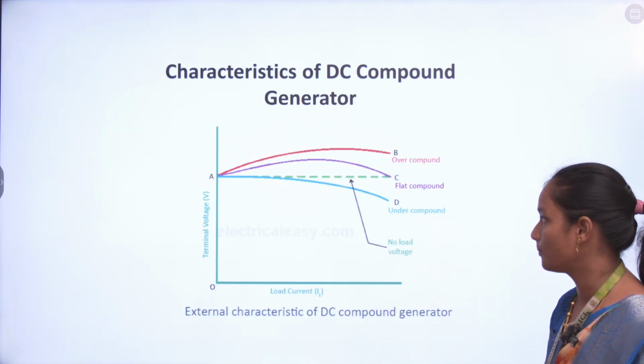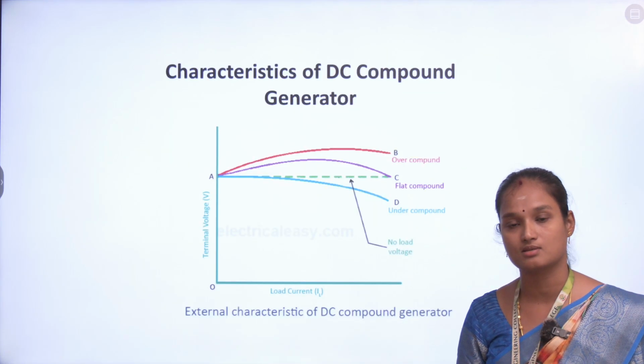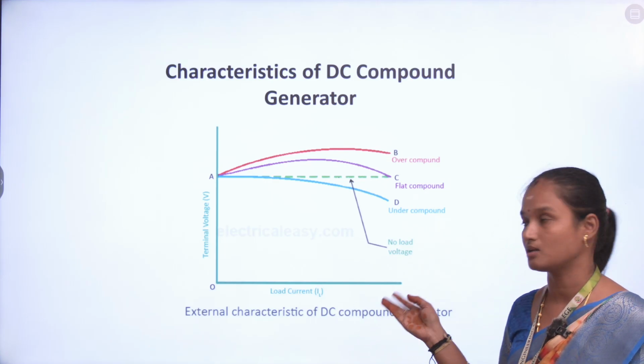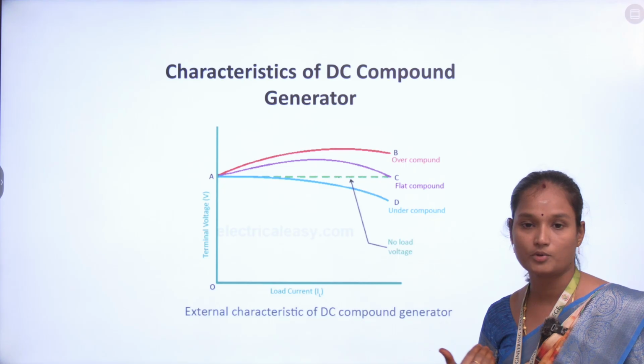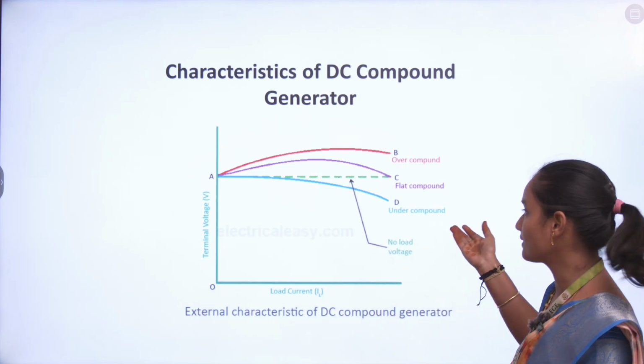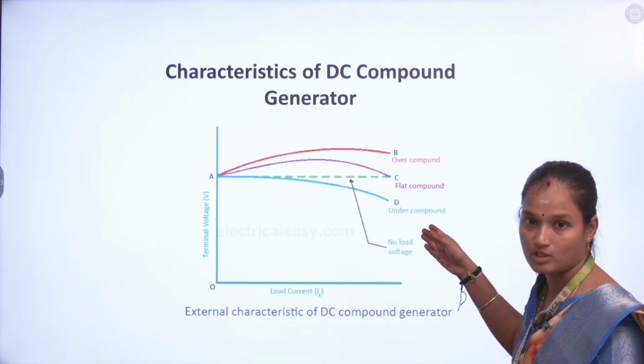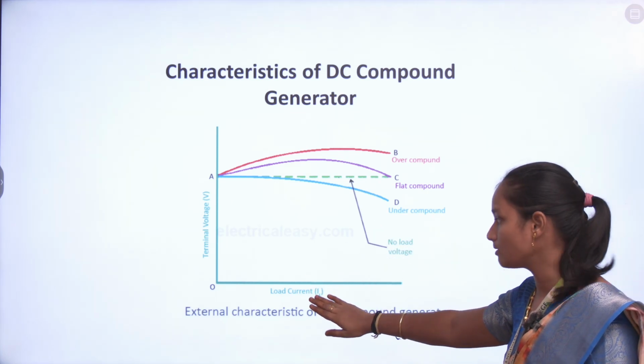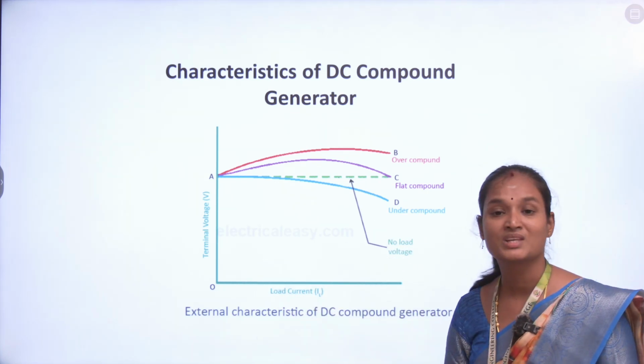So this is called a compound generator. A compound generator is nothing but the combination of both shunt and series generators. In a compound generator we have three types: one is flat compound, another is under compound, and the other is over compound. The graph has been shown for these types. This we also find with the help of load current and terminal voltage.